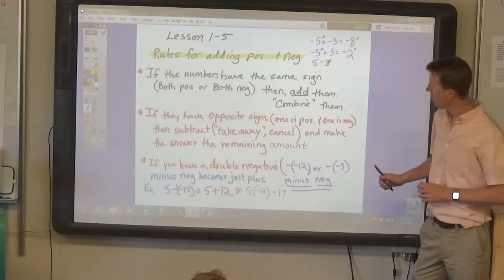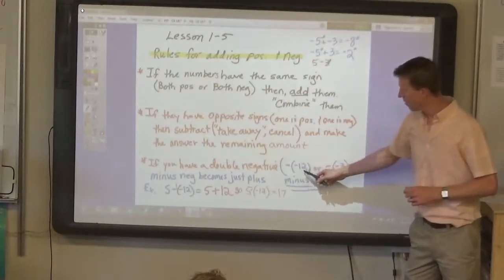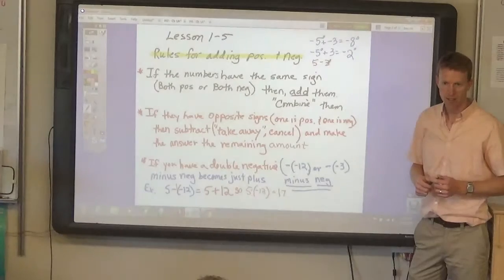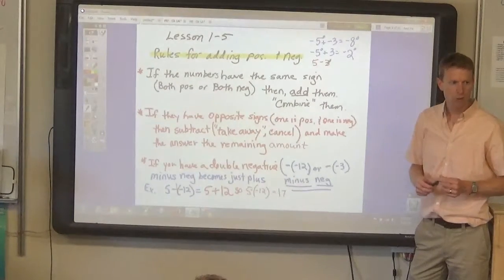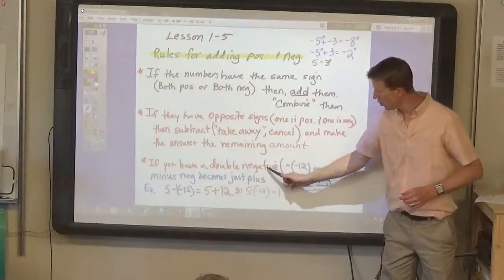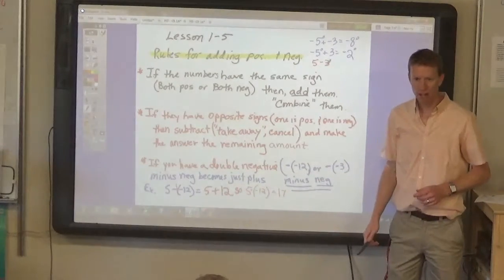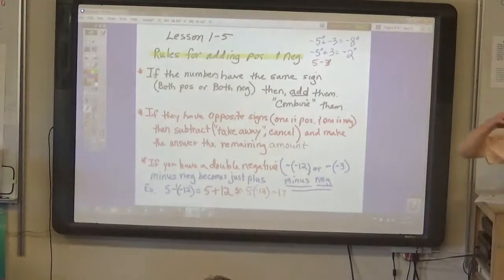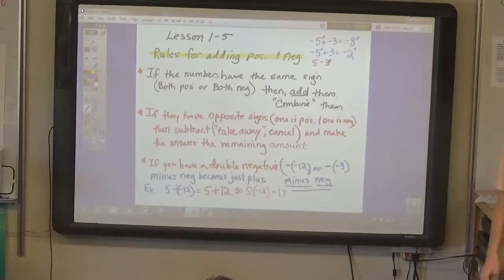Now, what if the number has 2 negative signs, or we're subtracting a minus? We're subtracting a negative number. In that case, the two negatives cancel each other out. Okay? One negative will cancel out the other negative, and the problem becomes just plus.